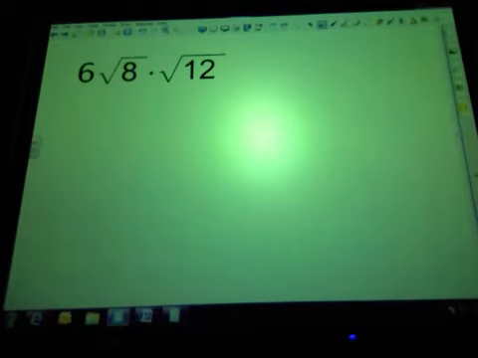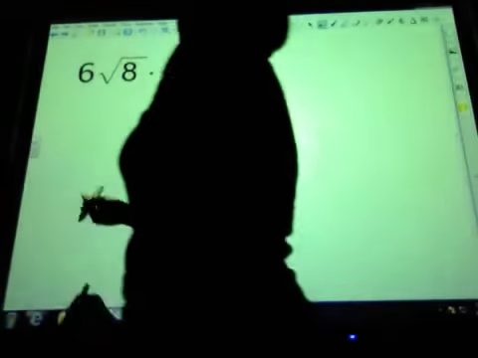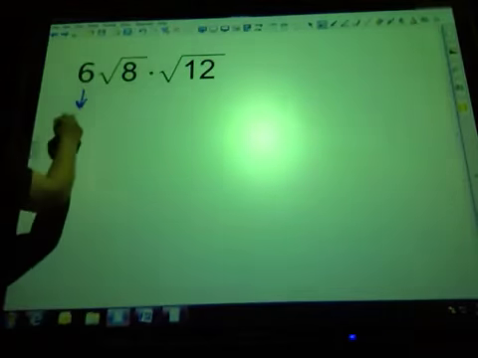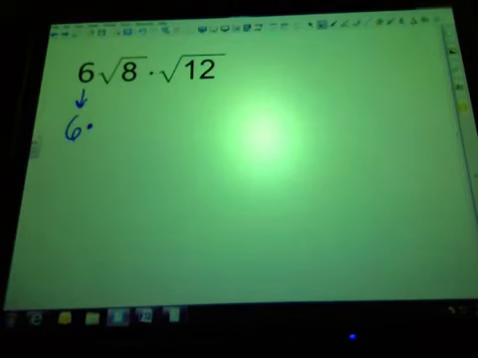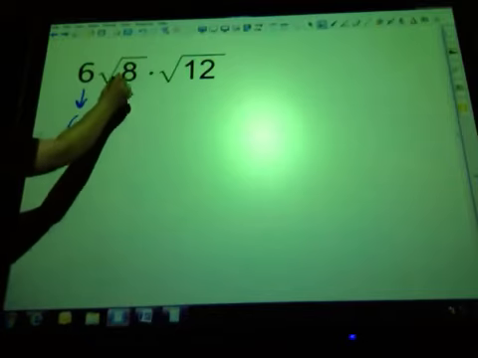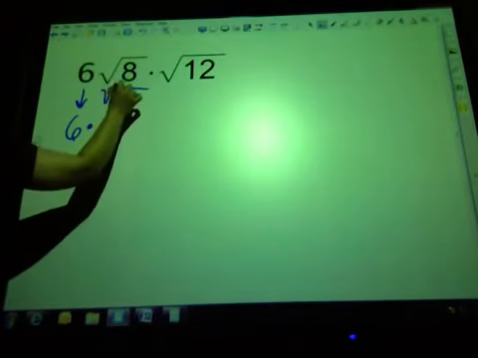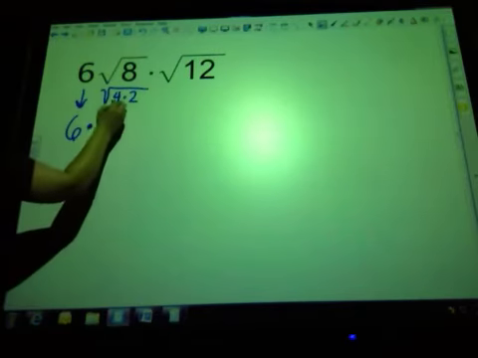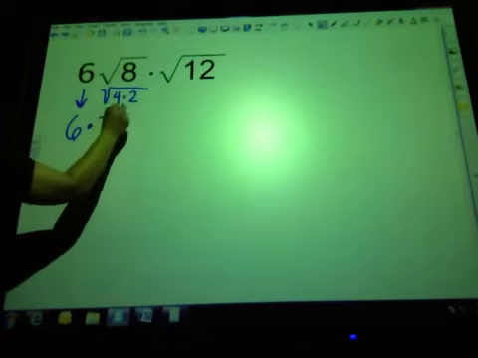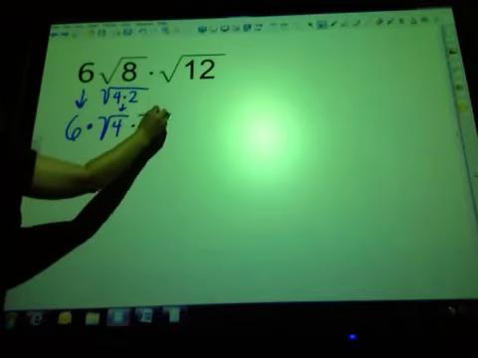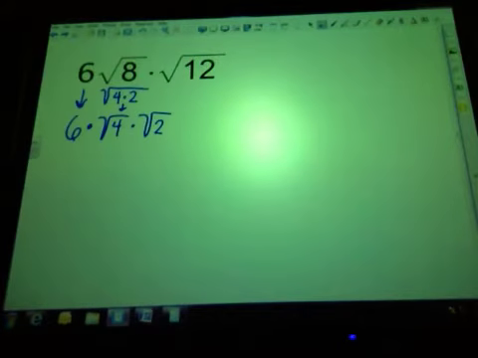This one I have 6 times the square root of 8 times the square root of 12. So I'm going to go ahead and leave my 6 out front. Don't need to do anything with it. Now I have to figure out what I'm going to do with this 8 and what I'm going to do with this 12. I can break 8 apart into 4 times 2, so that would break down even farther into square root of 4 times square root of 2.